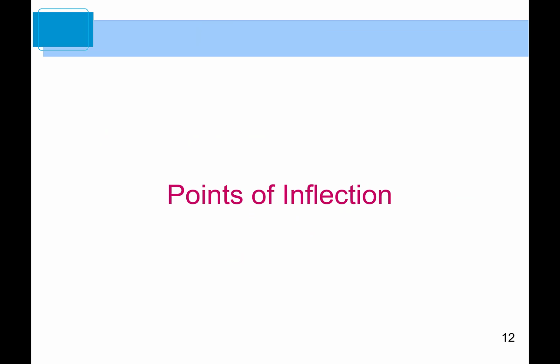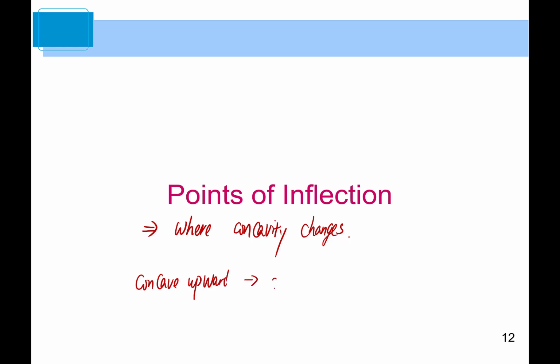And now let's take a look at the point of inflection. A point of inflection is where concavity changes, meaning it changes from concaving upward to downward, or concave downward to upward.